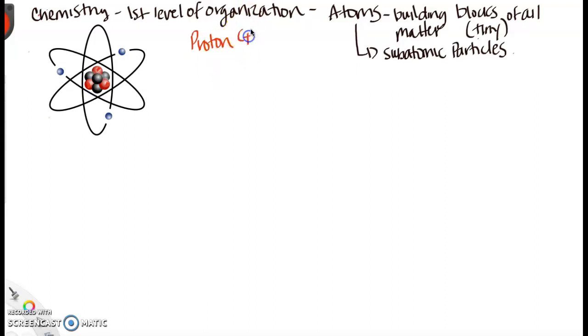They have a positive charge to them. They're located in the middle here. So they're located in the nucleus of this atom. And the proton is the structure that defines the characteristics of the atom.